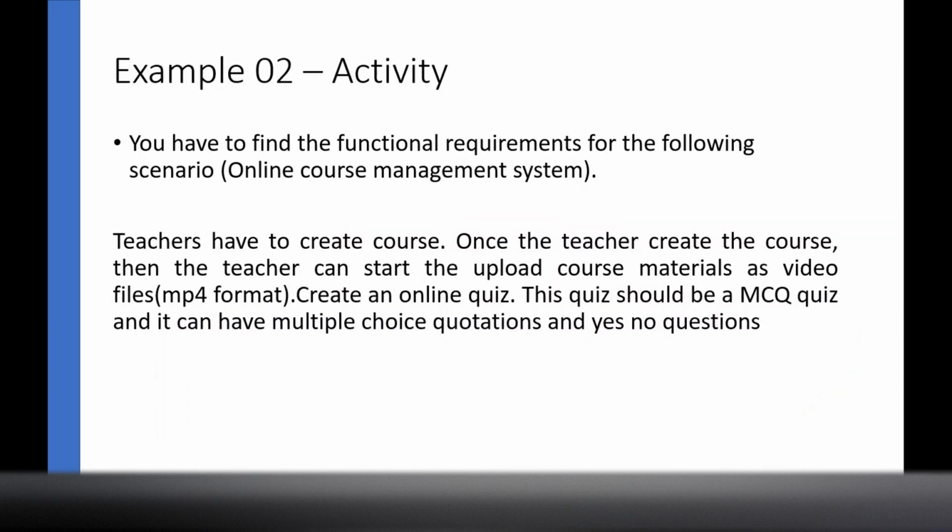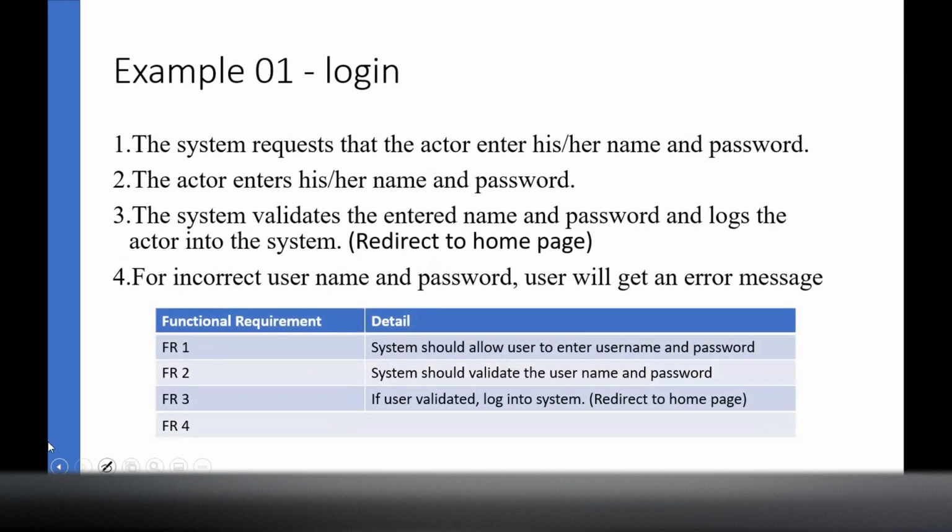Now this is another example, so you can read this story or the scenario. I'll give around 5 minutes. Actually this is not getting 5 minutes, but for you it might be the first time. I'm not sure what your background is. Please create that functional requirement table.